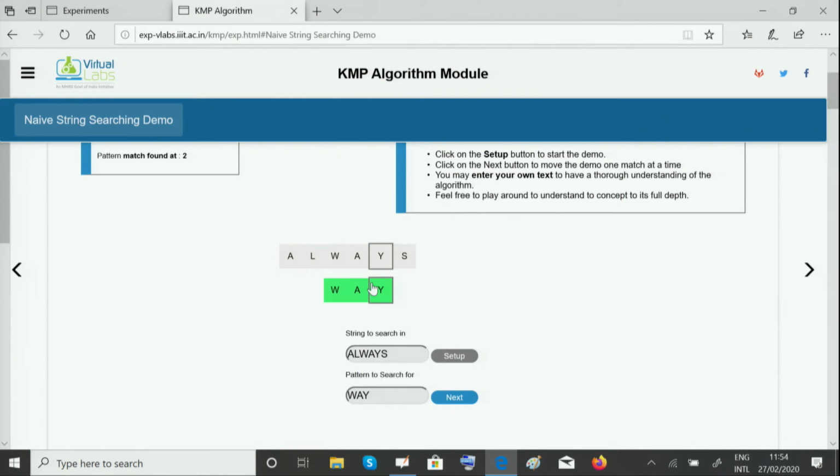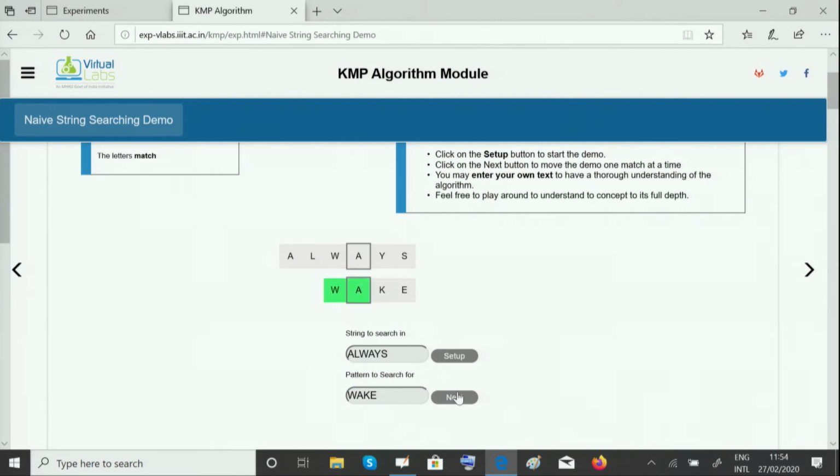Now we'll look at three more examples to see how it would work in each case. Let's say we were to search for "wake" instead of "way" in "always". Similarly, A and W don't match, L and W don't match. Now W and W do match.